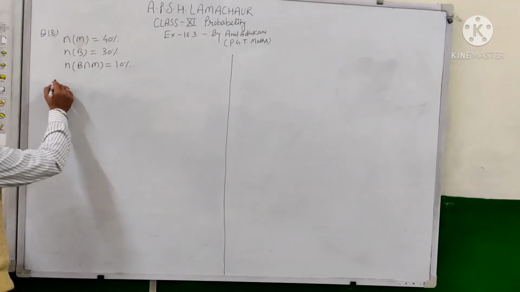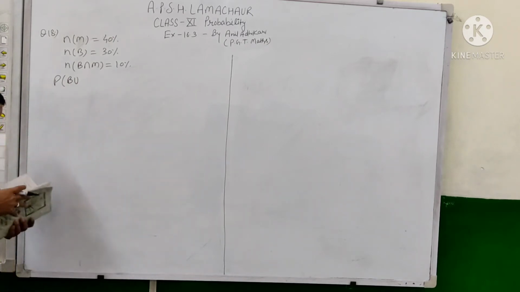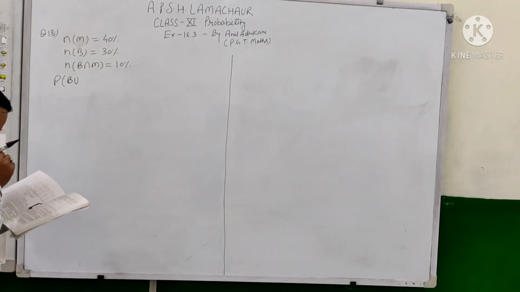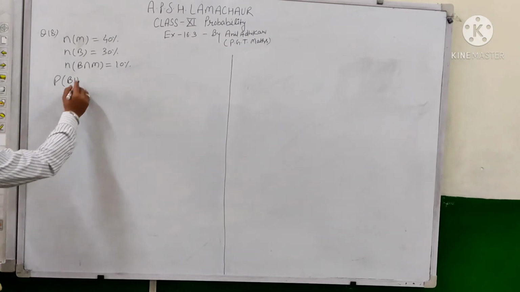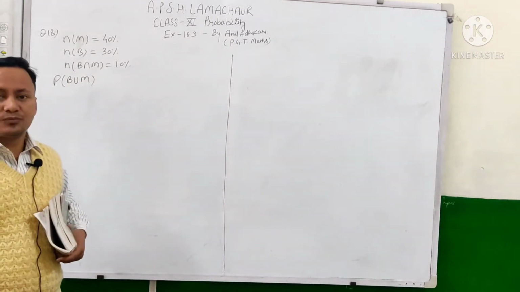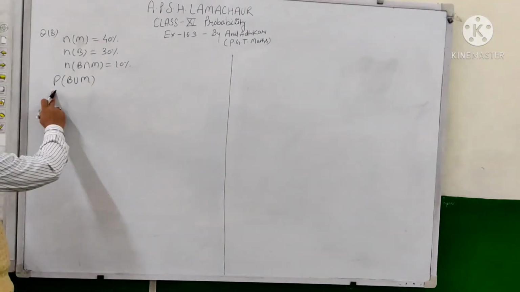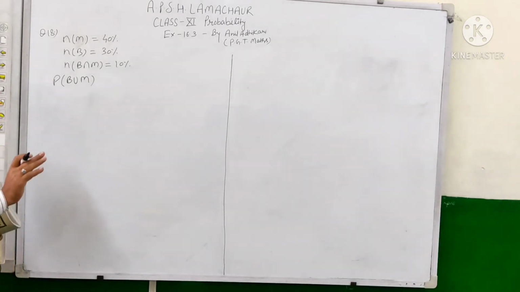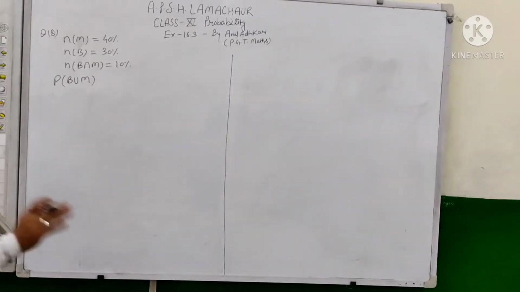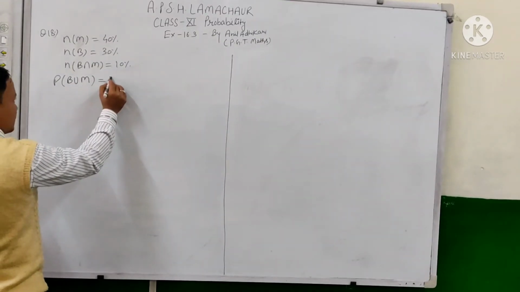So we need to find probability of biology and probability of mathematics, or since it is using or, so or indicates union and and indicates intersection. So this is what we have to find out.